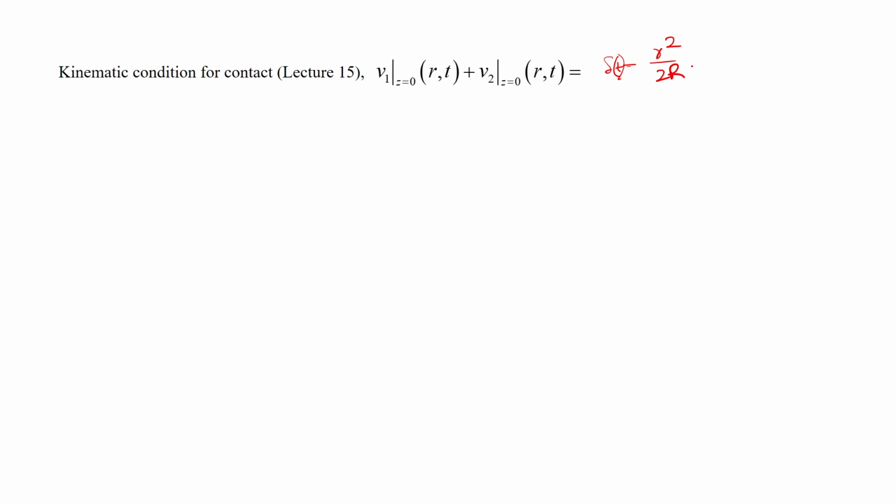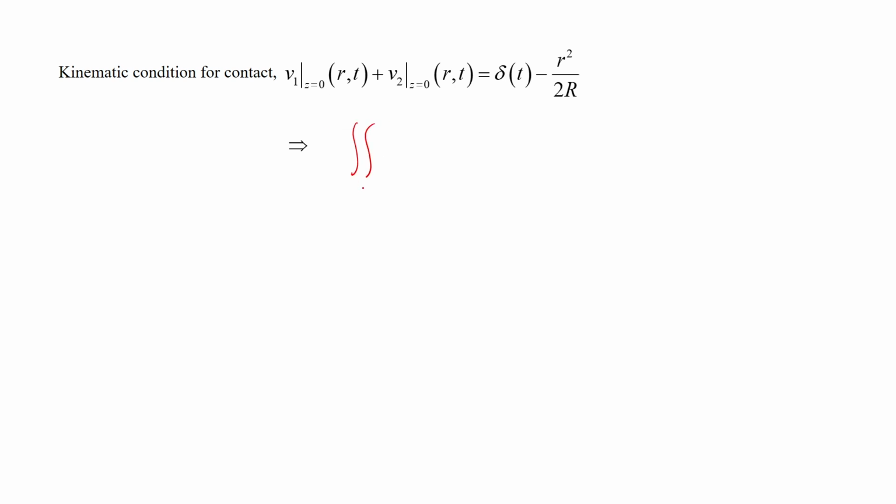So, it is delta minus r square by 2R, and here we have already obtained this expression, which is equal to the total A at time t, C star P, and this is pi into rho. So, I have obtained here pi into rho into d of A, and that will be equal to delta of t minus r square by 2R.